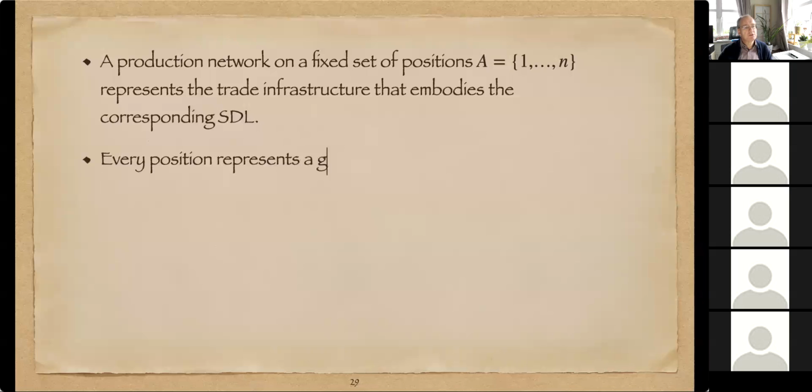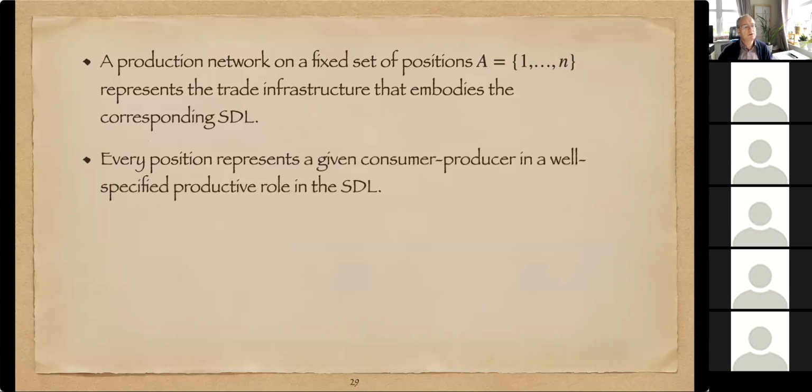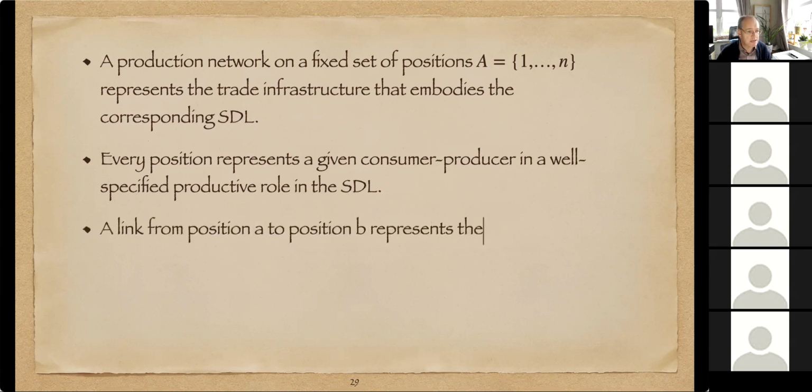Okay, so I talked about this already. In a production network, every consumer producer is given a very specific productive role. He's sitting in a certain corner point of the production set that is chosen, that is fixed. And we are not talking about switching to another corner point of your production set in some sense. I emphasize that again.